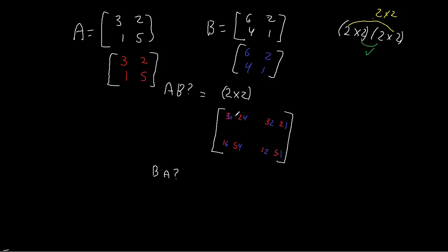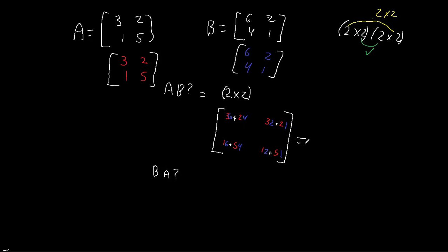And then we're adding up the results, right? Because again, we're doing the multiplication of the row vector of A times the column vector of B. That's what these things are.